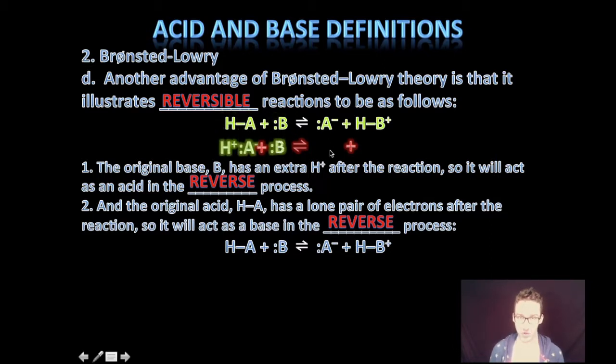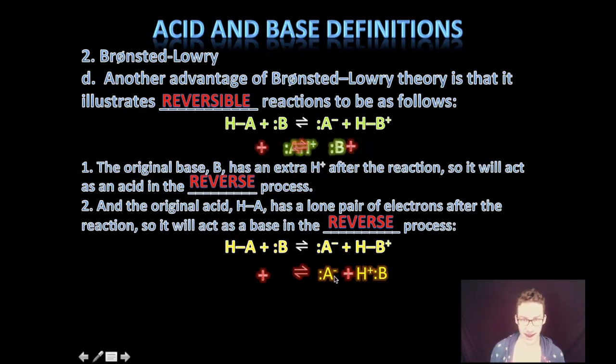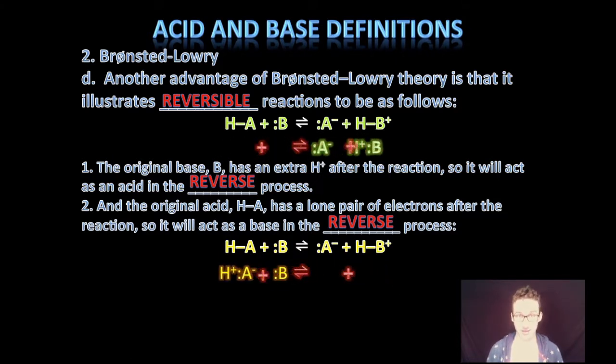And in the forward reaction, you've got a proton donor, your acid, and a proton acceptor, your base. However, let's now talk about the reverse direction. That thing that had accepted the hydrogen ion in the forward direction will now act as a proton donor, or an acid, in the reverse direction. So Bronsted-Lowry allows us to set up these equilibria situations that we're going to see a lot in this acid-base unit.